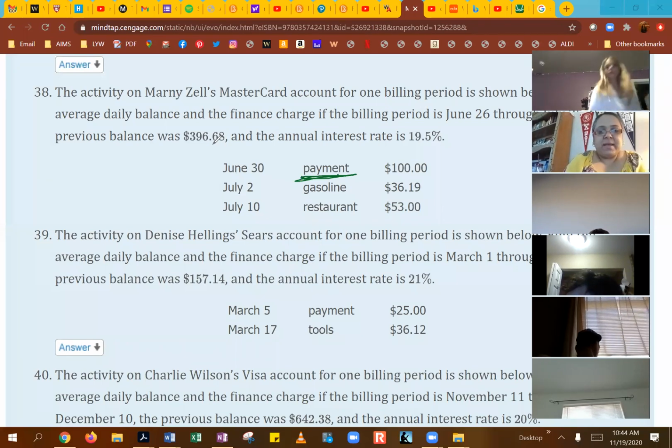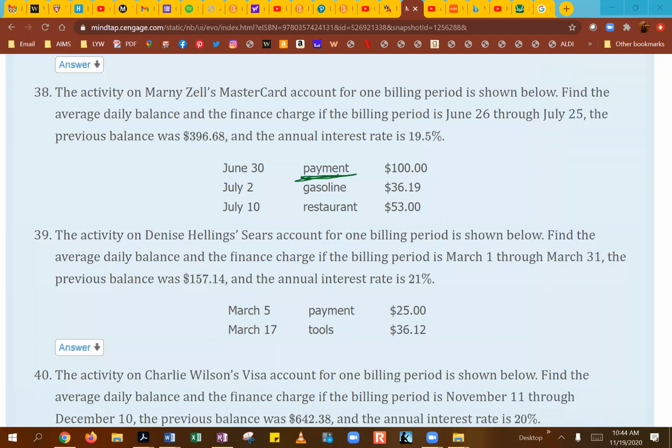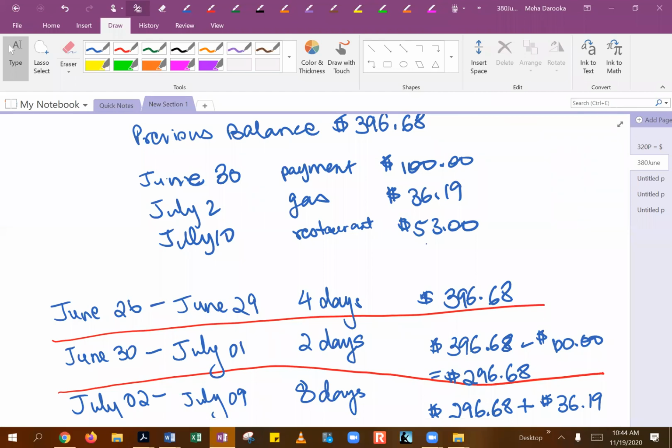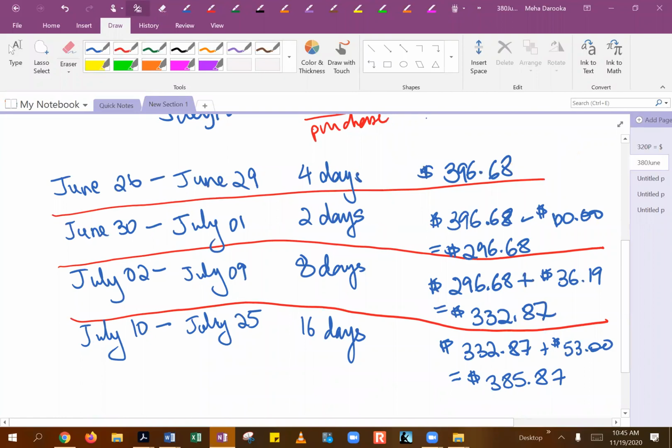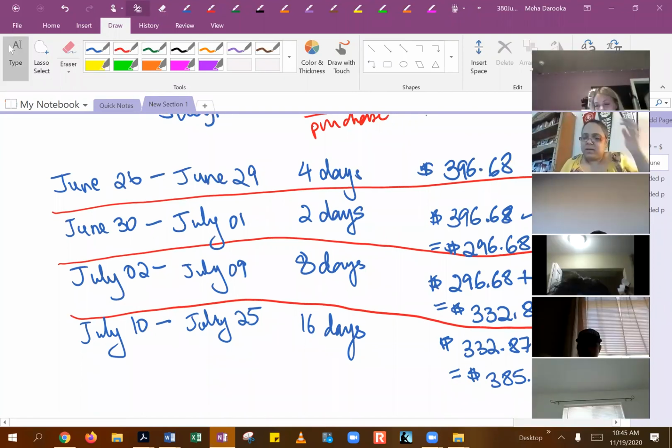So that's the reason why, when you're taking your payments, you subtract, but then when you're making a purchase, you're buying gas and you are buying food, purchase needs to be added, but payments need to be subtracted. So that's the reason why we are subtracting the 100, but then we are adding the other two.